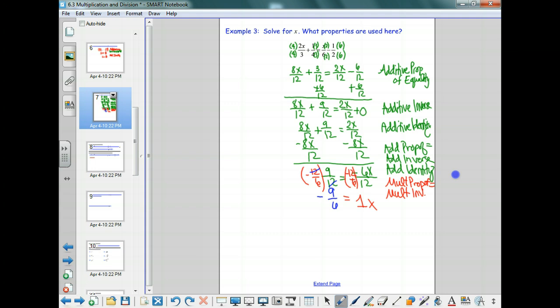9/6. What does 1x become? This becomes x, that's the multiplicative, what? Identity, multiplicative identity. Right, that's what 1 is. And the left-hand side reduces to what? -3/2, because they're both divisible by 2.